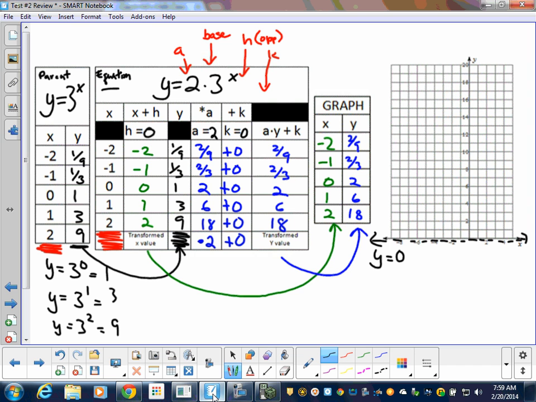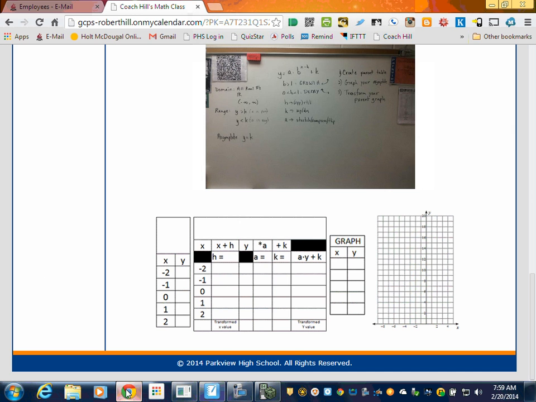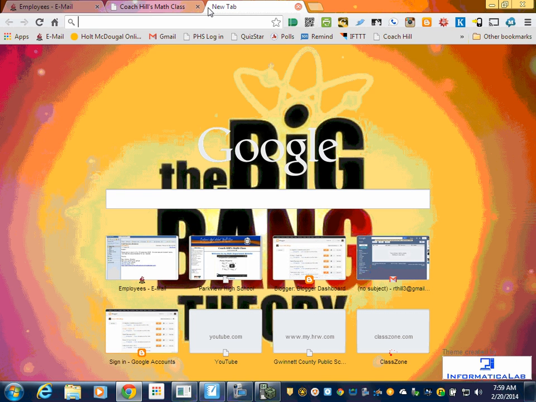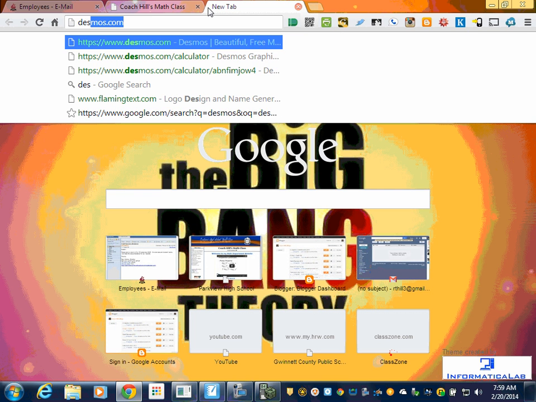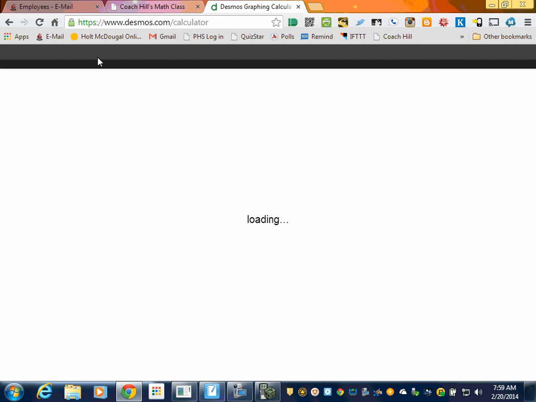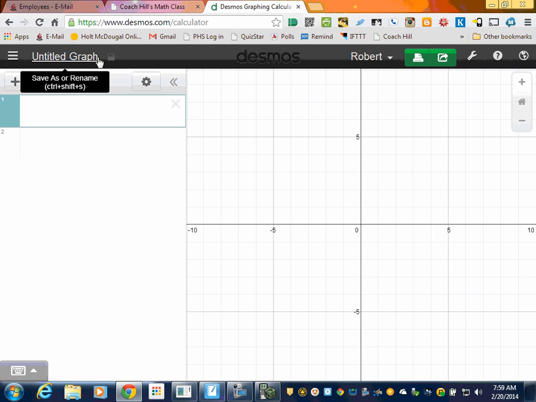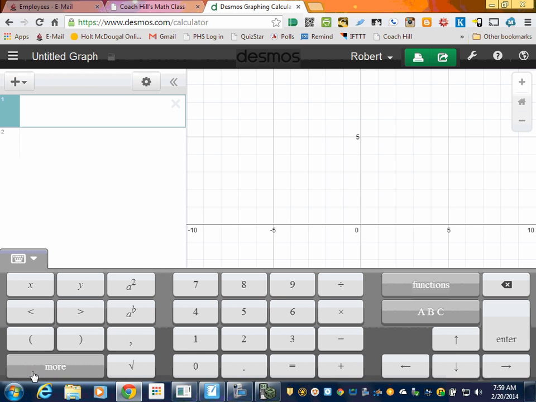And again, it's always y equals k. So whatever number is right here underneath k, that's where you graph a horizontal line. Again, for those of you trying to visualize where y equals is, that's what I showed you from Desmos when I said y equals 0.